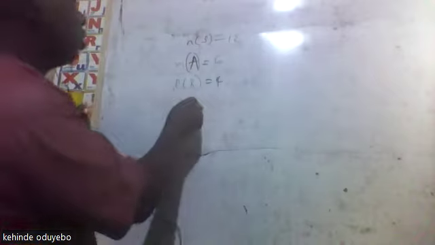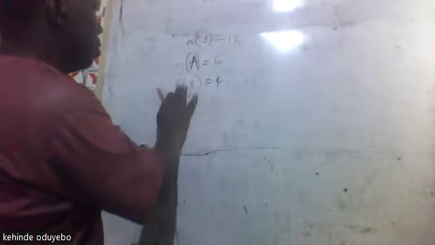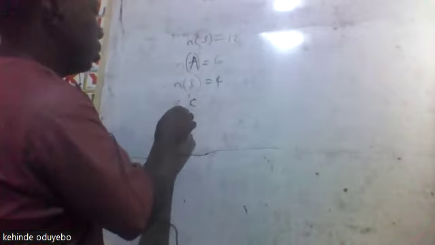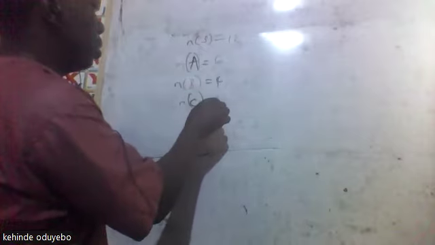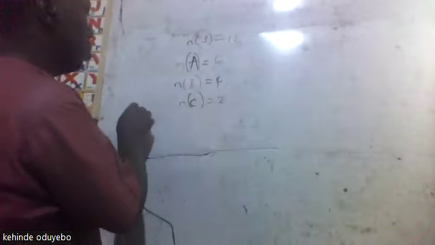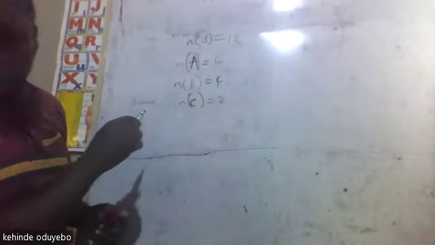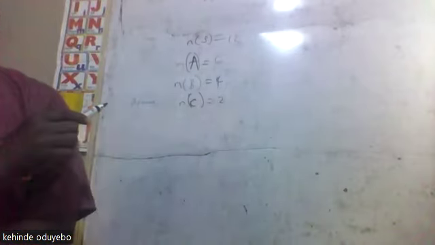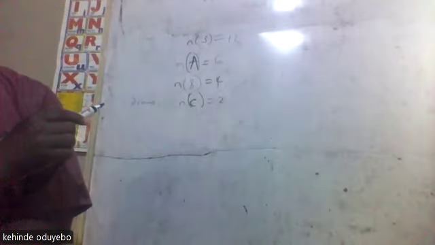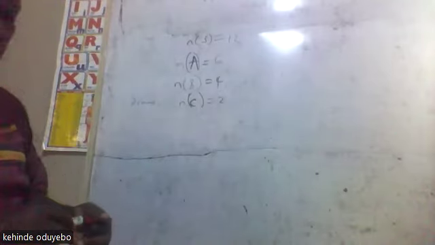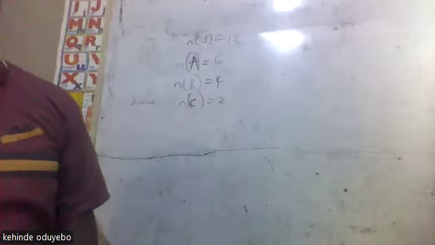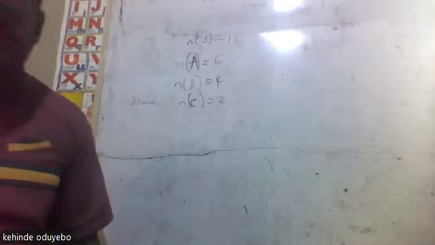Let's call the one that ends in draw C. So they said find the probability that A wins all 3 games.